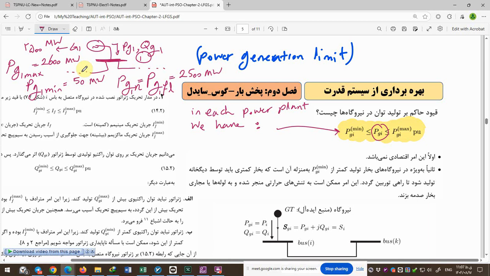For example, for this power plant, the minimum amount of active power is 50 megawatt. And obviously in each power plant we have an amount of maximum generation.